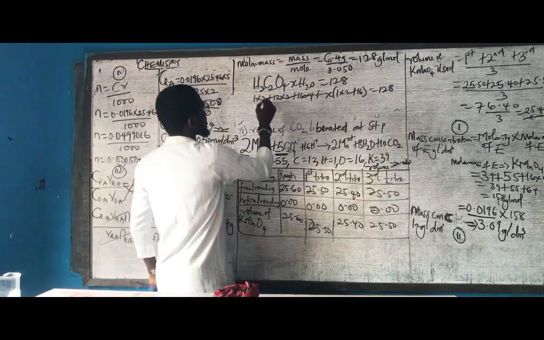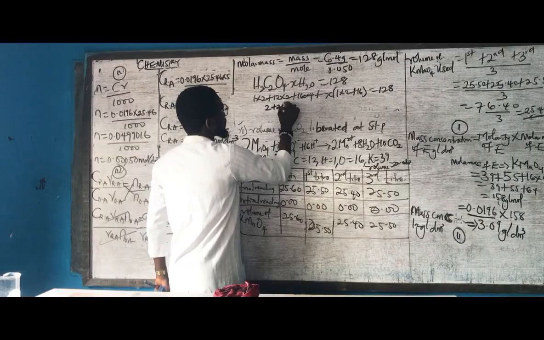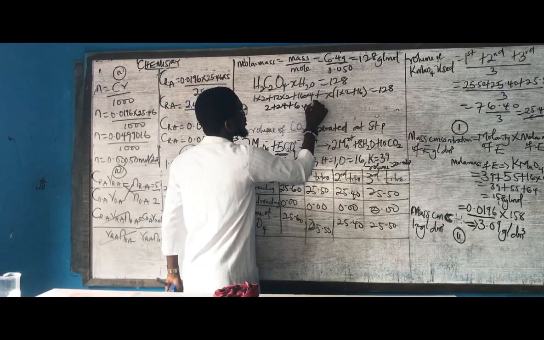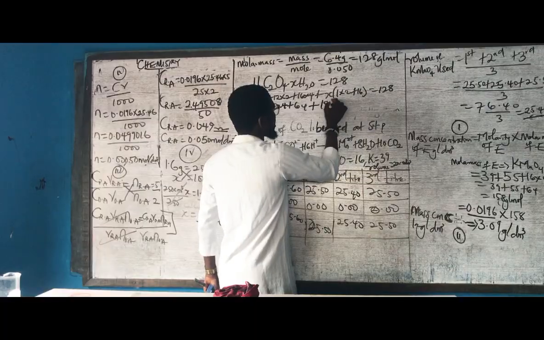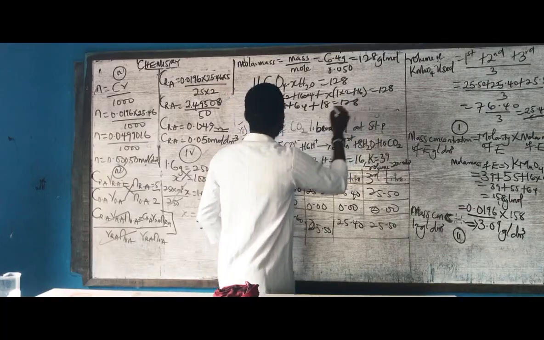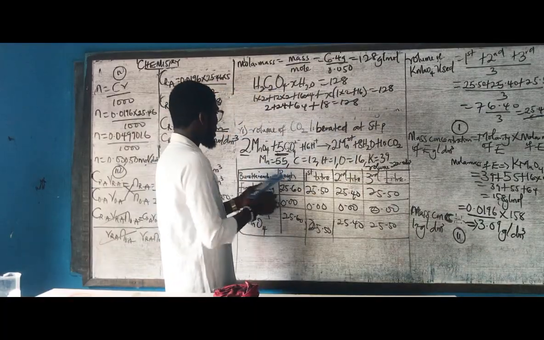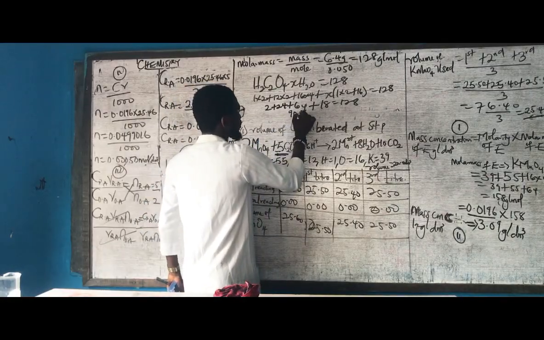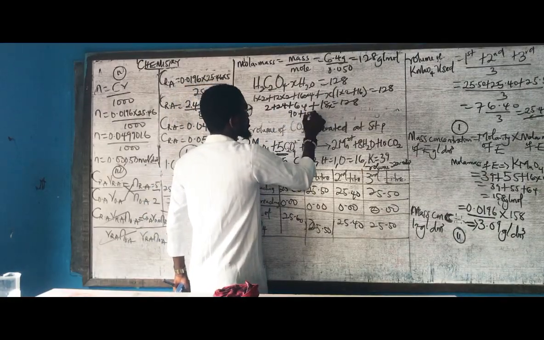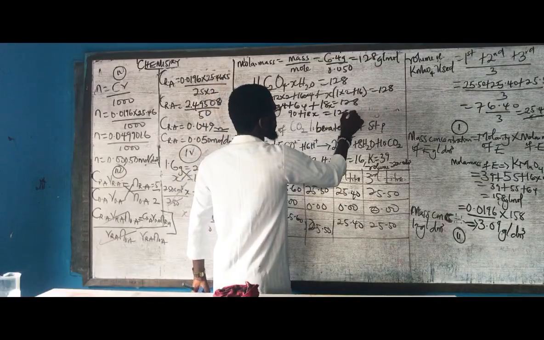So that will give us 2 plus 24 plus 64, that's 90, plus 18x is equal to 128.